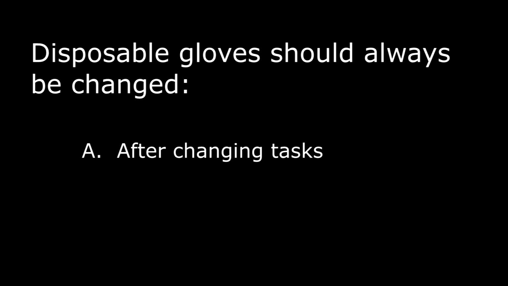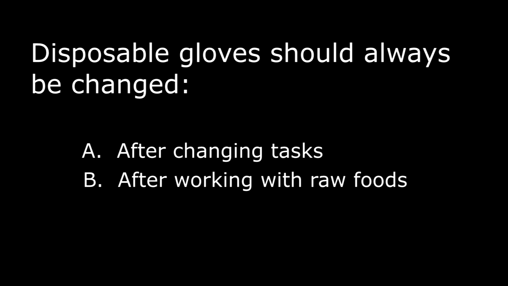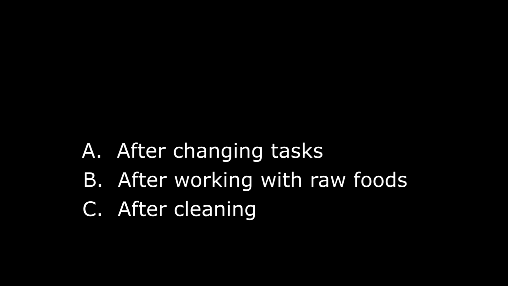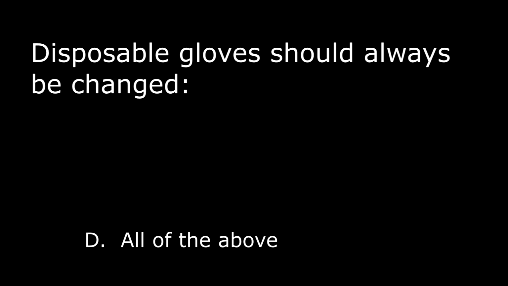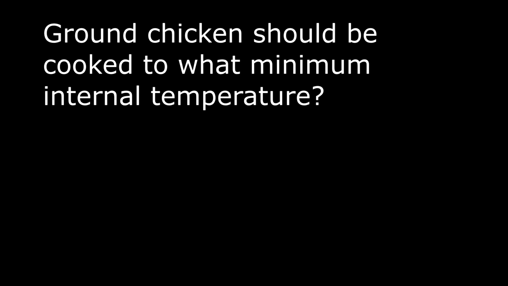Disposable gloves should always be changed A. After changing tasks, B. After working with raw foods, C. After cleaning, or D. All of the above. The answer is D. All of the above. And your final quiz question is, ground chicken should be cooked to what minimum internal temperature?